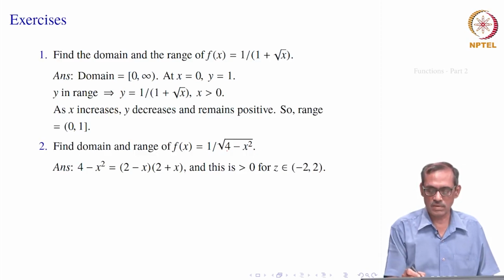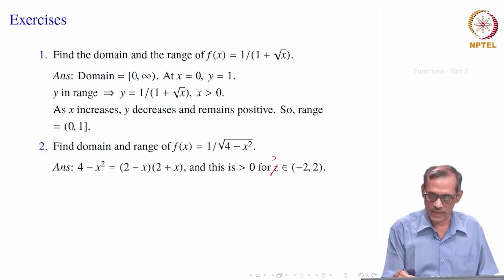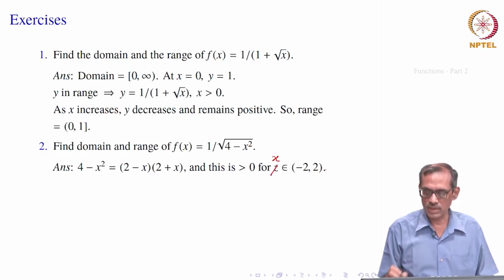Now, if you factor it, 4 minus x square is (2 minus x) into (2 plus x). So, this must be bigger than 0, and we would find that for every x between minus 2 and 2, this is bigger than 0. You can check it.